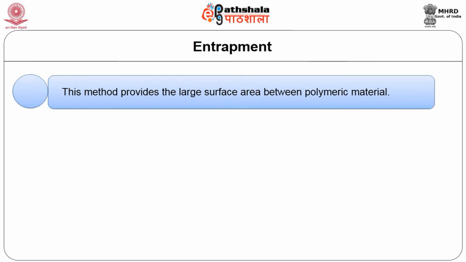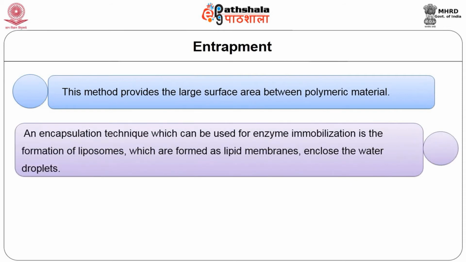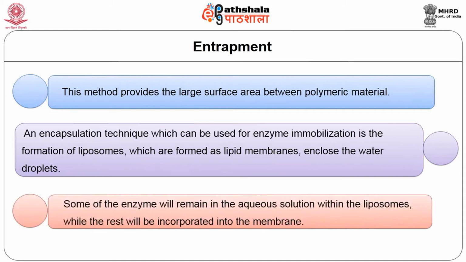The drawback of this method is inactivation of the enzyme during encapsulation. An encapsulation technique which can be used for enzyme immobilization is the formation of liposomes, which are formed as lipid membranes enclosing water droplets. Some of the enzyme will remain in the aqueous solution within the liposomes, while the rest will be incorporated into the membrane.